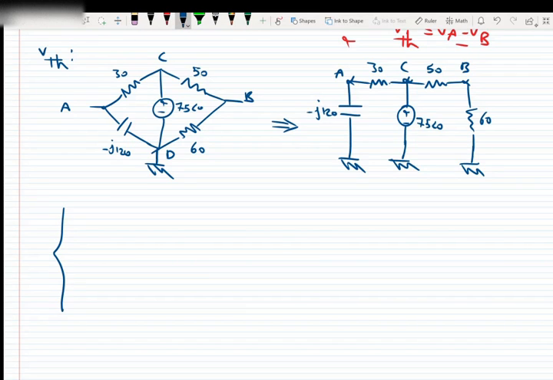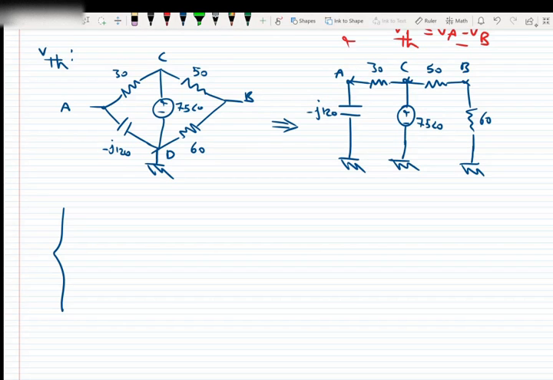The total currents leaving the node are equal to the total currents entering the node. To write the currents leaving the nodes, we know that current is the source node voltage minus destination node voltage over the impedance.